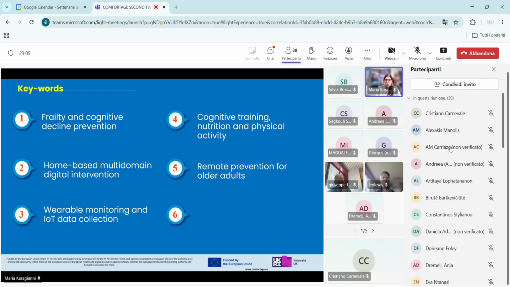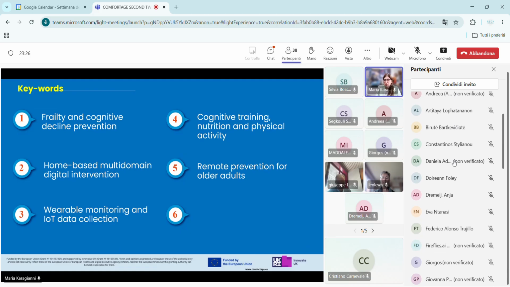And that helps us to have monitoring of their everyday physical activity, and also monitoring their weight and how they keep track of gaining or losing weight. We also give them the cognitive training. This is with a platform, nutritional and physical activity, as we're going to see, by an app. And all that is for remote prevention for older adults.